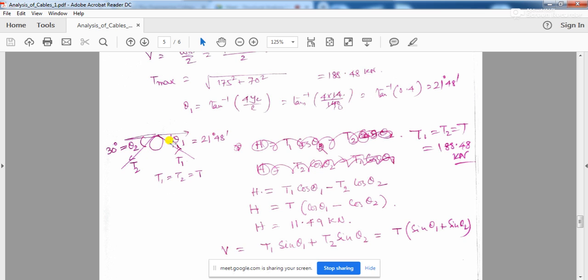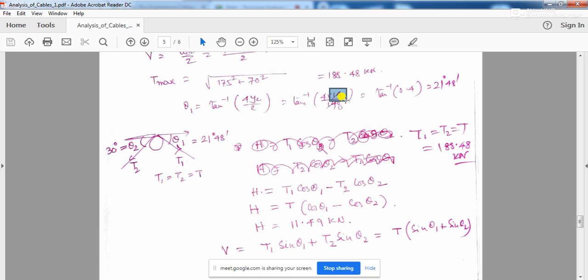However, you don't know the angle this cable makes with the horizontal, so you will have to find it out. You have understood now: theta 1 is equal to tan inverse of 4yc upon L, and if you put in the values, you know what yc is.